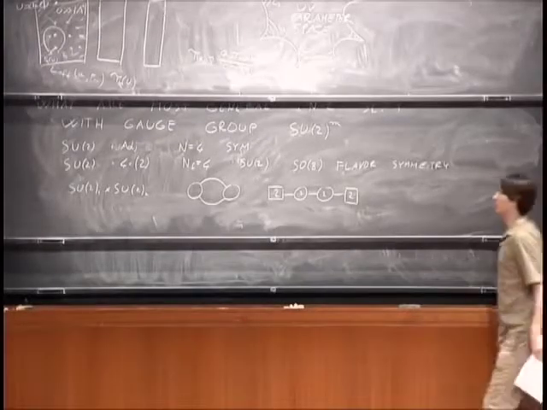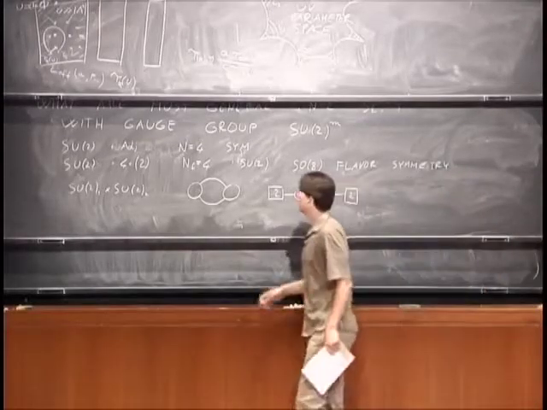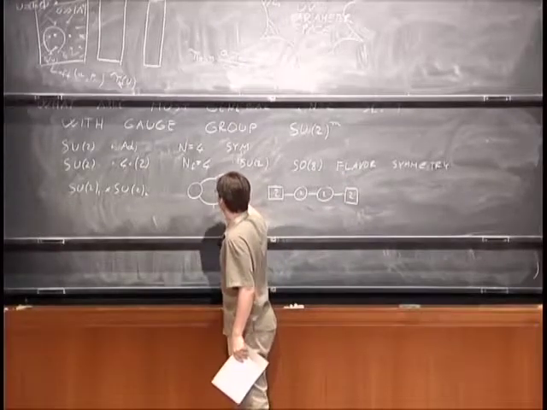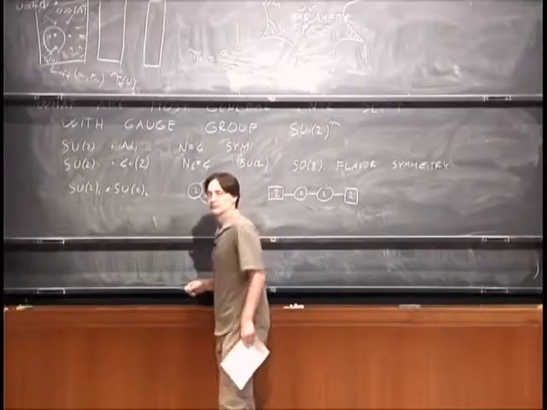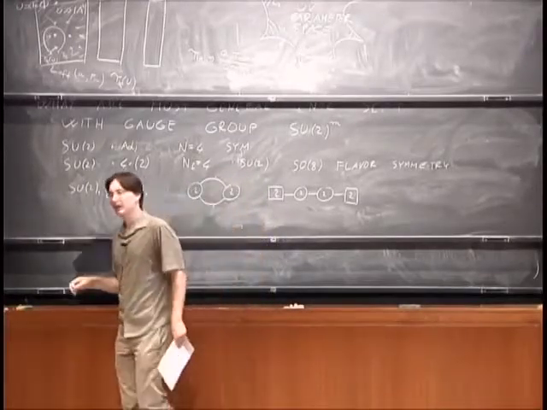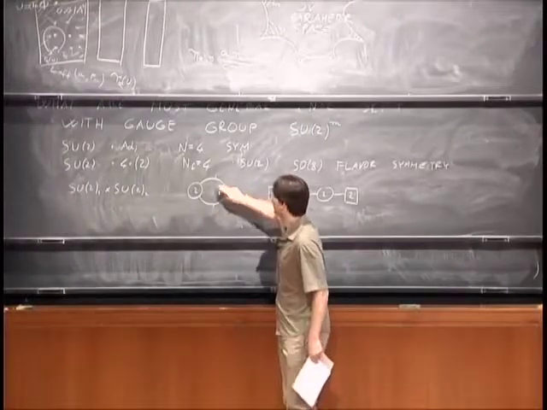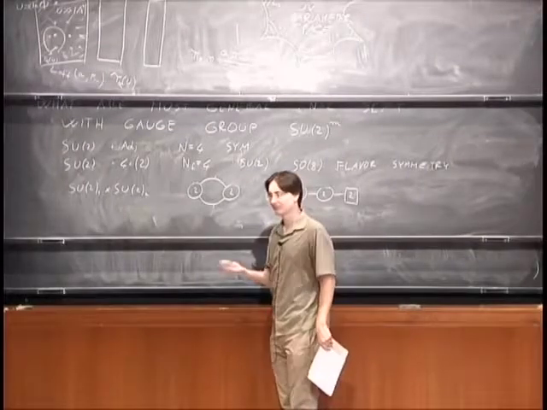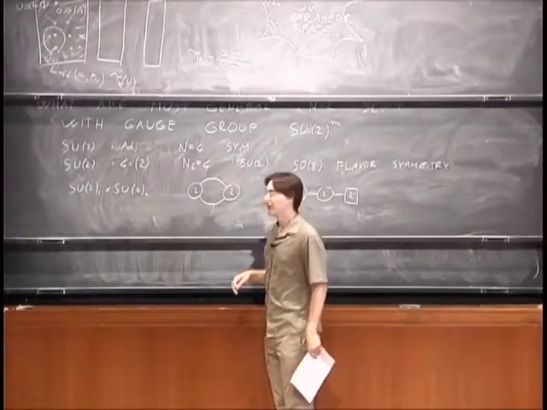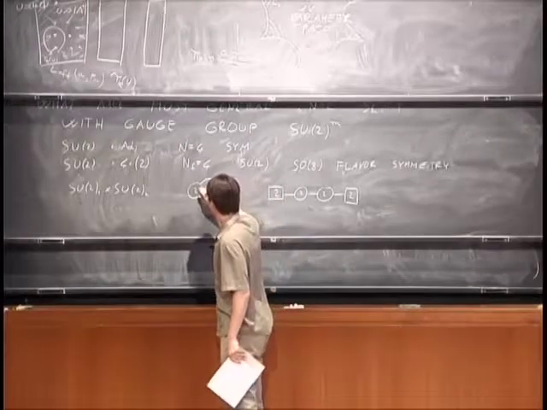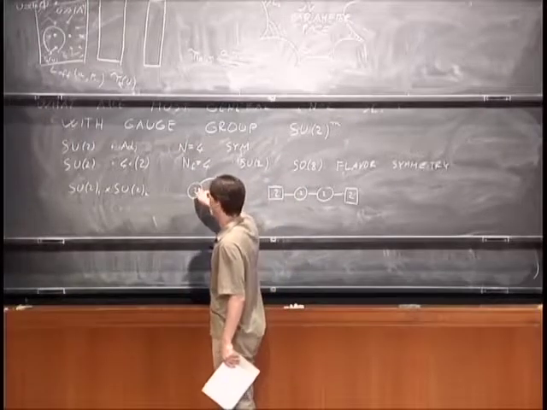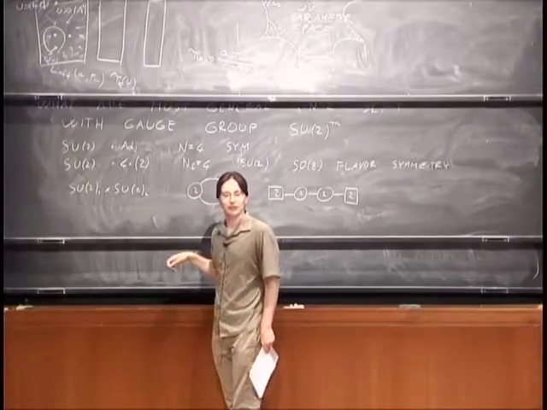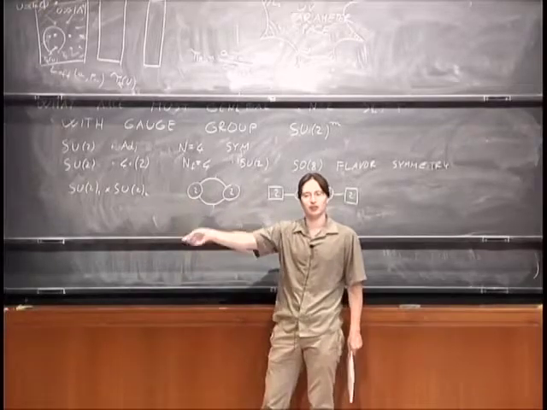What are the flavor symmetries of these theories? Well, here I have 2 bifundamentals. So you have 2 copies of the same representation. Naively, that would tell you that you have a U(2) flavor symmetry. But remember that because the fundamental of SU(2) is pseudo-real, the product of 2 fundamentals is real. So the bifundamental representation is real.